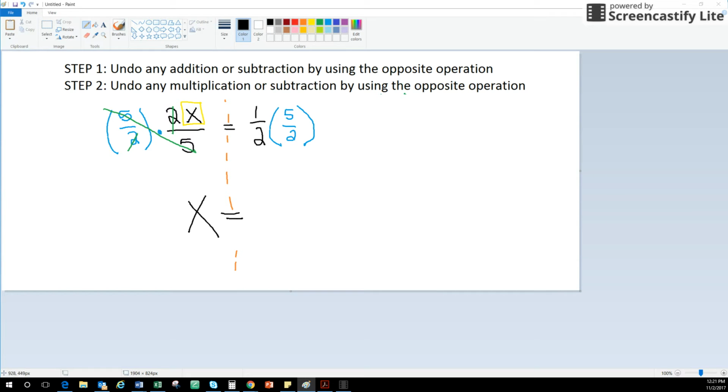And I wind up with 5 over 4, which would be an acceptable answer to me. But if we need to simplify that down, 4 goes into 5 once. 1 times 4 is 4, so 5 minus 4 is 1 on the top, 4 on the bottom. So this would be x equals 1 1/4.